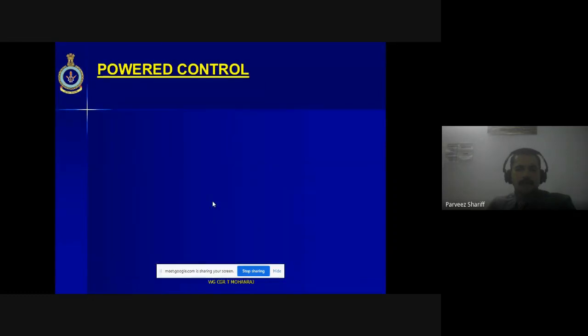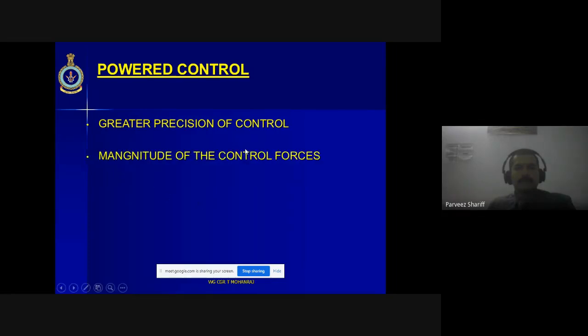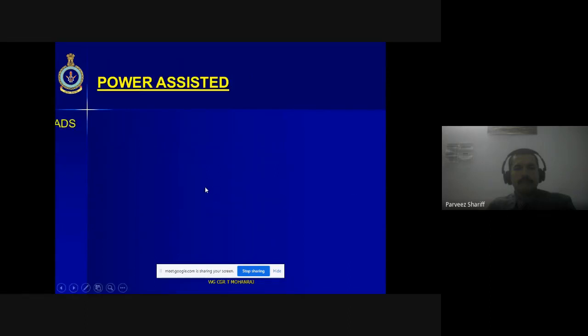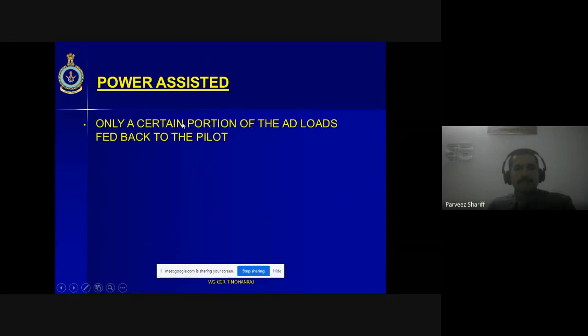So next we'll talk about power control. The greater precision of controls, magnitude of control, the design point, rigidity. So there are two types. One is power assisted and the other is power operated. In the power assisted, only a certain portion of the additional load is fed back to the pilot, and the hydraulic system overcomes most of the load.